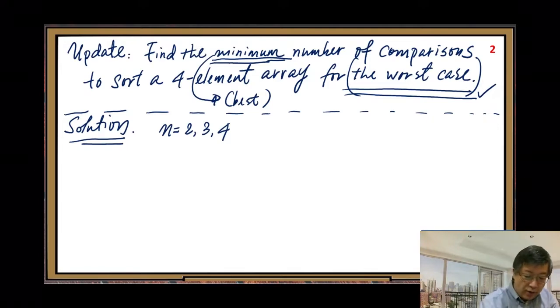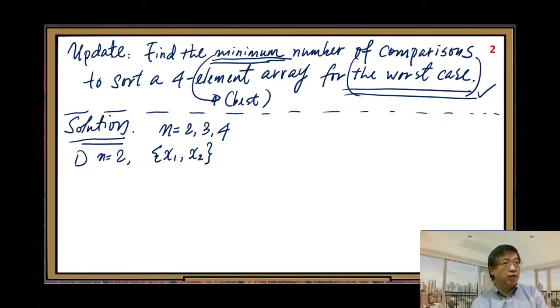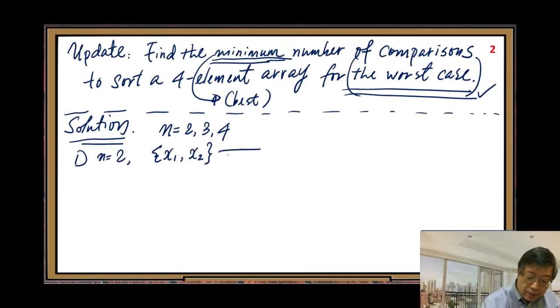Let's start. When n equals 2, that means we only have 2 elements, right? Then one comparison, we get it sorted.